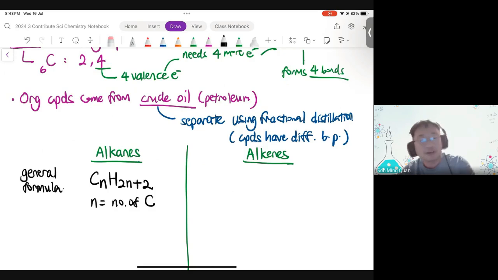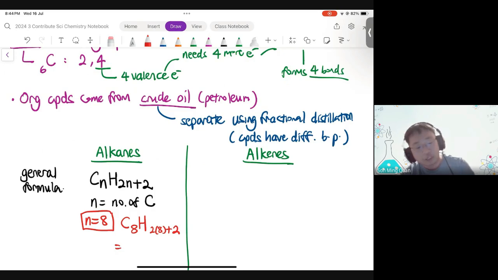Okay, so let's just practice a little bit. If n equals 8, you sub in n equals 8, you get C8H(2 times 8 plus 2), which gives you C8H18. All right.